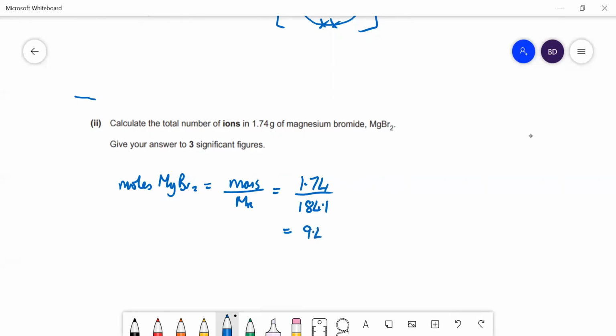That is equal to 9.45 times 10 to the minus 3 moles. Right, now how many moles of ions have we got in 1 mole of that? Well, we've got 1 mole of magnesium ion and 2 moles of bromide ion. So we've got 3 moles of ions in 1 mole of substance. So the moles of ions is 9.45 times 10 to the minus 3 multiplied by 3.